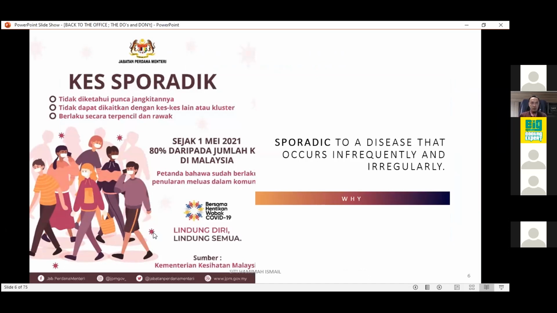So part of it, we look into the sporadic case. Sporadic case, basically we don't know where is the root of infection. We cannot belong to another cluster, and then biasanya dia ni memang terpencil ataupun rawak lah. So since May 2021, 80% daripada jumlah kes memang sebenarnya sudah ada sporadic.